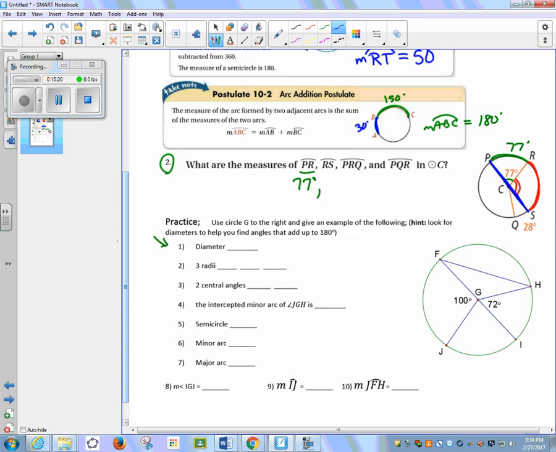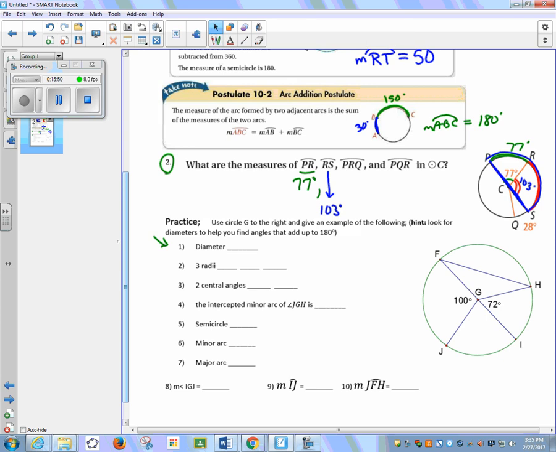So this whole arc PRS would have to be 180 degrees. If the whole thing is 180 and this piece of it is 77, I'm going to do 180 minus 77 and get 103. So if angle RCS is 103, then arc RS is also 103 degrees.